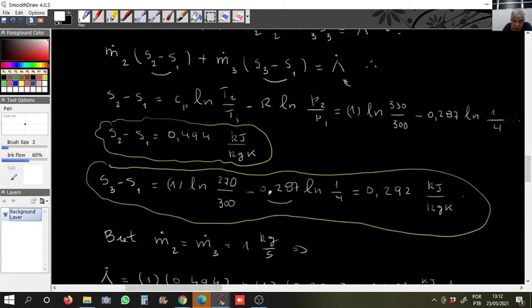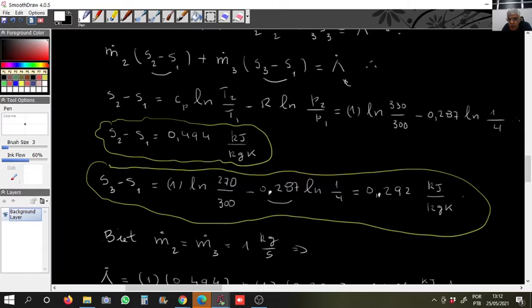This is not the universal gas constant, it is the gas constant. Then I have 0.2887 natural log of 1 divided by 4. If I do this calculation here, I find 0.292 kilojoules per kilogram Kelvin.